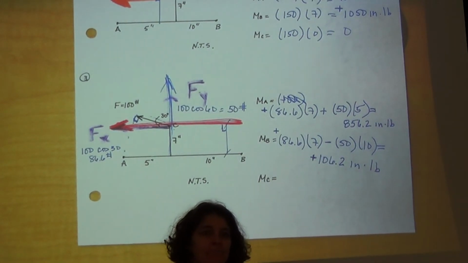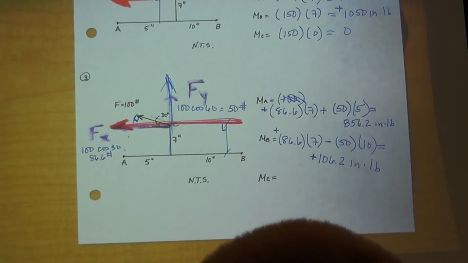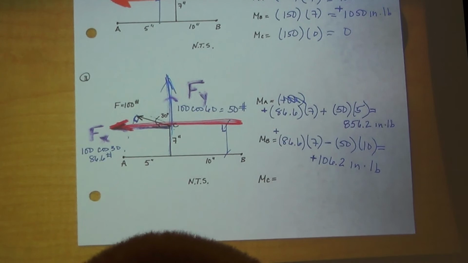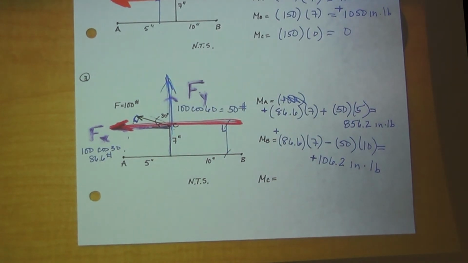Oh, okay. Okay, and Evan, what's the perpendicular distance? So Evan, we know the moment is equal to the absolute value of the force times the absolute value of the perpendicular distance. So the perpendicular distance is going to be the moment divided by the force. And what's the moment we calculated for B? 106.2. 106.2, and what was the force? 50 pounds.